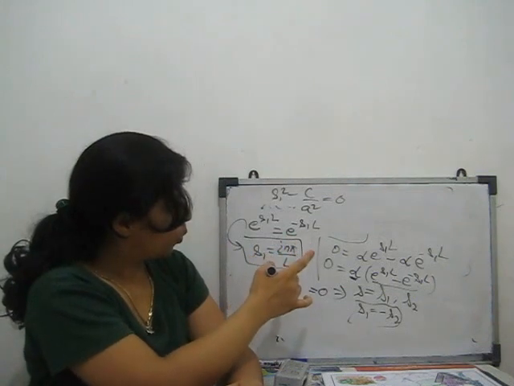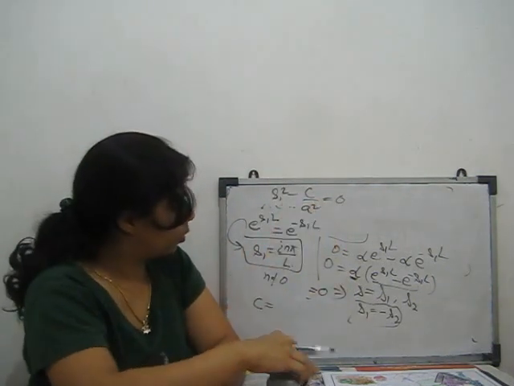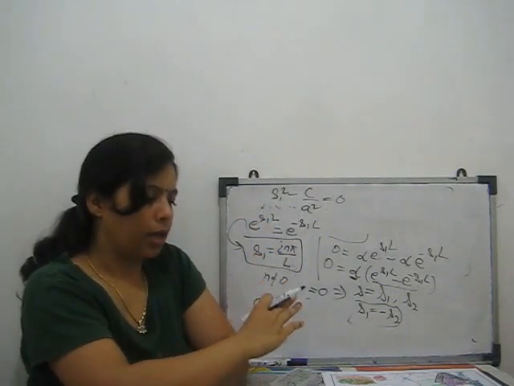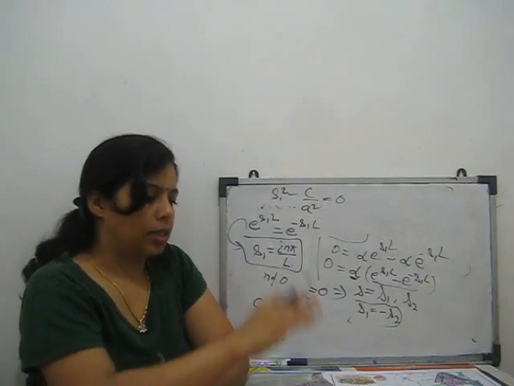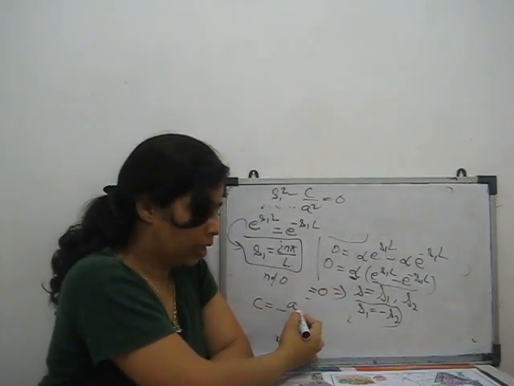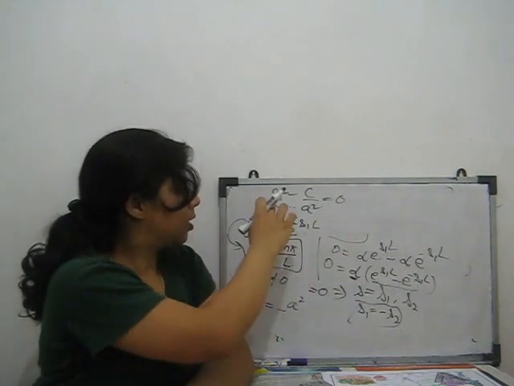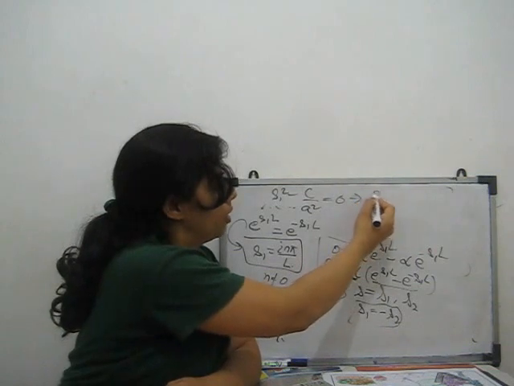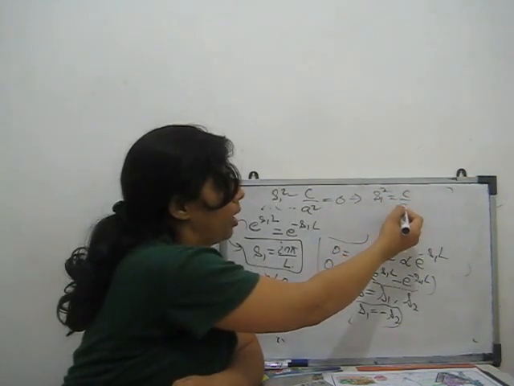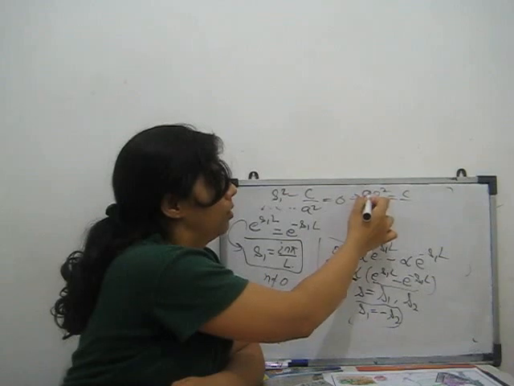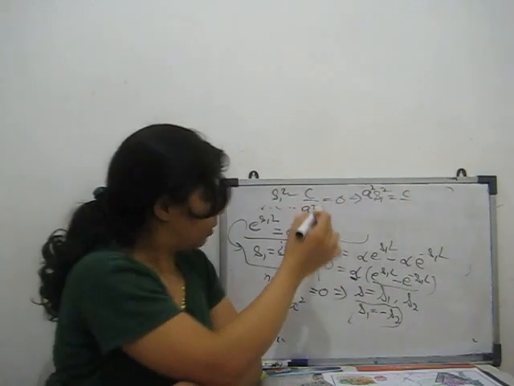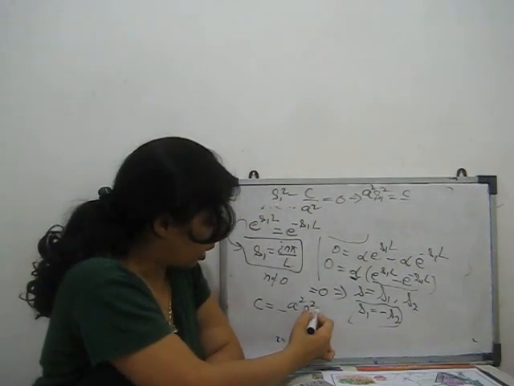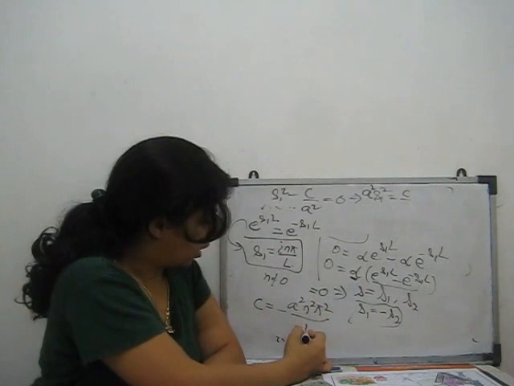So c is equal to a square times s1 square, where s1 is iota n pi by L. Because iota square is minus 1, c equals minus a square n square pi square upon L square.